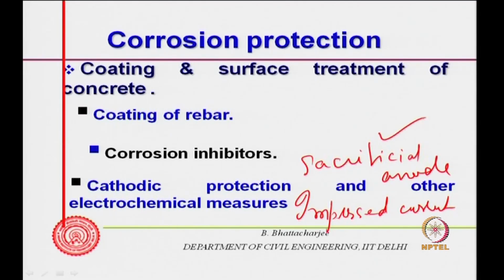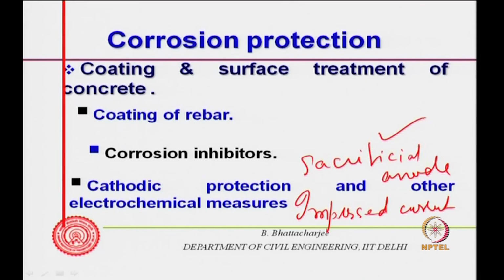This is used in metallic ships. So, you put aluminum, which is anodic compared to steel, and it is cheap, waste aluminum can be used. So, aluminum will be lost, but it will protect the steel. That is called sacrificial anode.